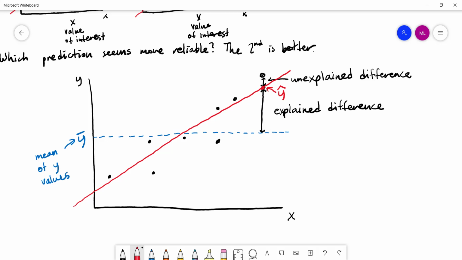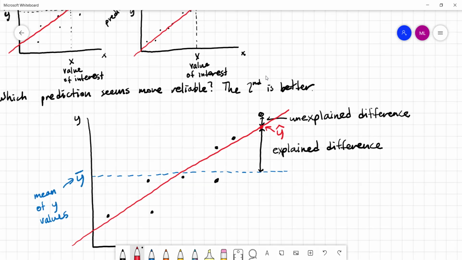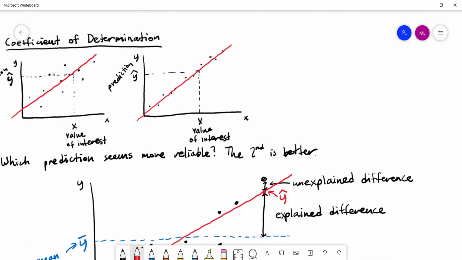But this little bit here is the part we were talking about in the earlier examples: how far does the line fall from the actual points? When those points are all close to the line, the unexplained difference is going to be really tiny. Whereas over here, when these points are further away, that unexplained difference is going to be a lot larger. And we want to make this unexplained difference as small as possible.